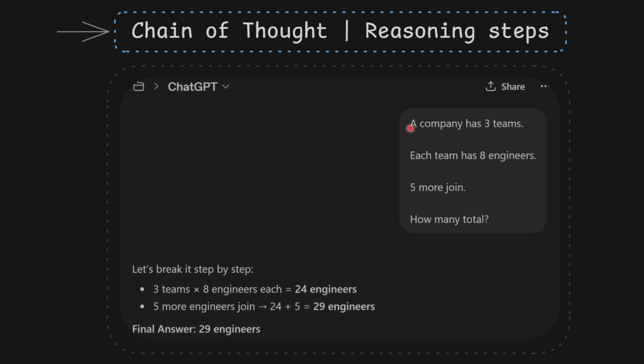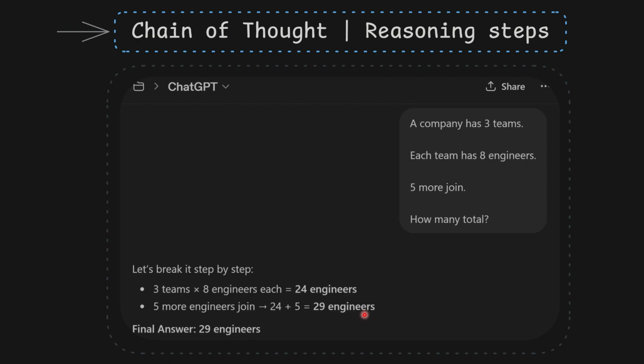Let us take a simple example. A company has 3 teams. Each team has 8 engineers, and then 5 more engineers joined. How many engineers are there in total? A direct answer is 29. With chain of thought, the model may say, let's break it down step by step, and then provide the final answer. Same answer, but now you can see the reasoning behind the model.